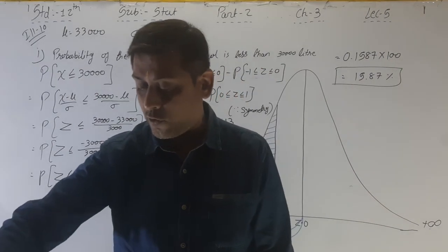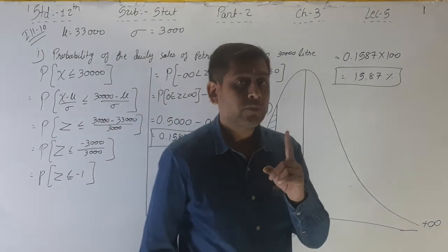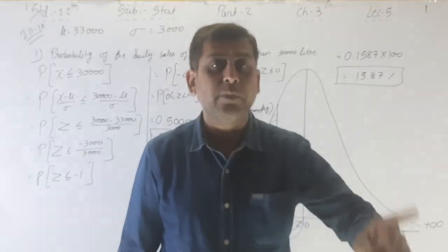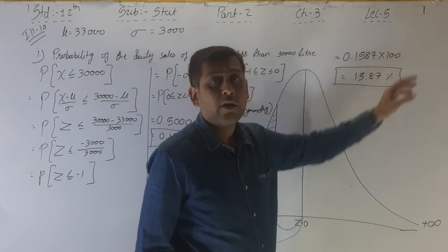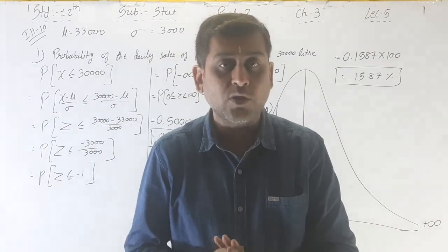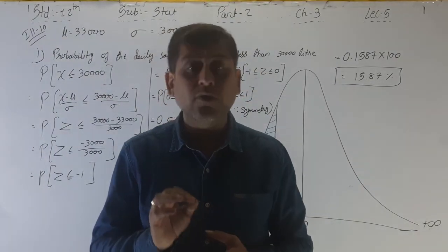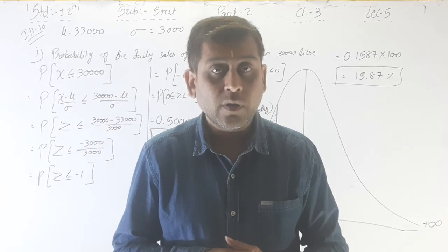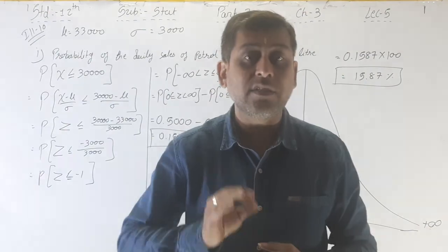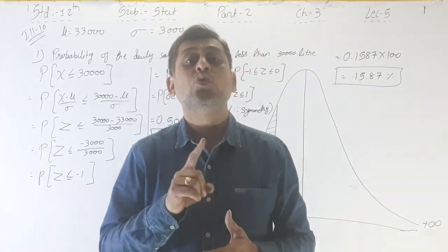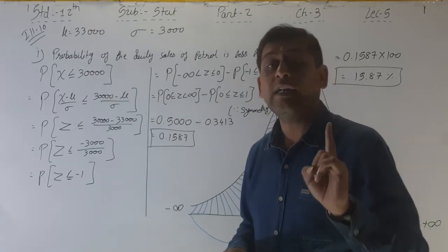Now see the second point. During the month of May, how many days are in May? 31 days. Whenever you have to find the percentage of days, you multiply with 100. But during the month of May, if we want how many days, you have to multiply the final answer, that is the probability, with 31 days.